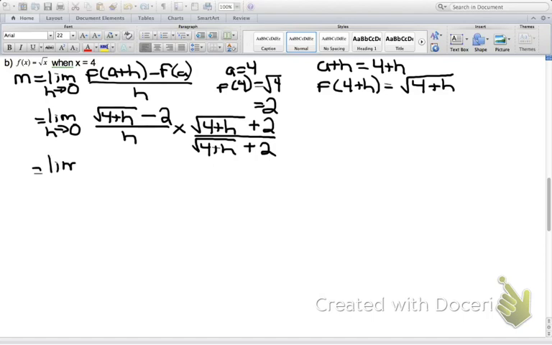So this is equal to the limit as h approaches 0. Now, when we go ahead and expand this, we are given 4 plus h minus 4 all over h times the square root of 4 plus h plus 2.